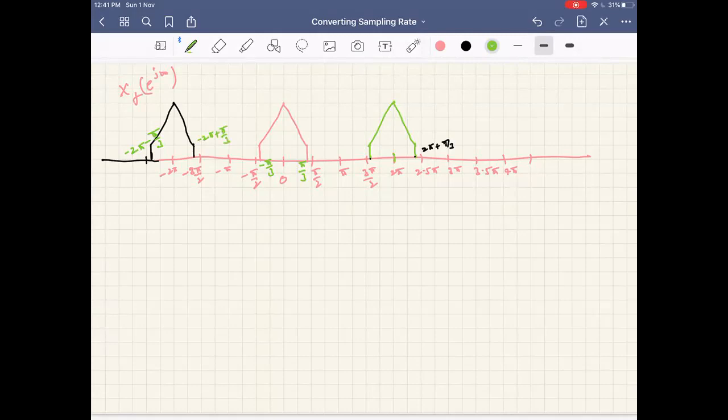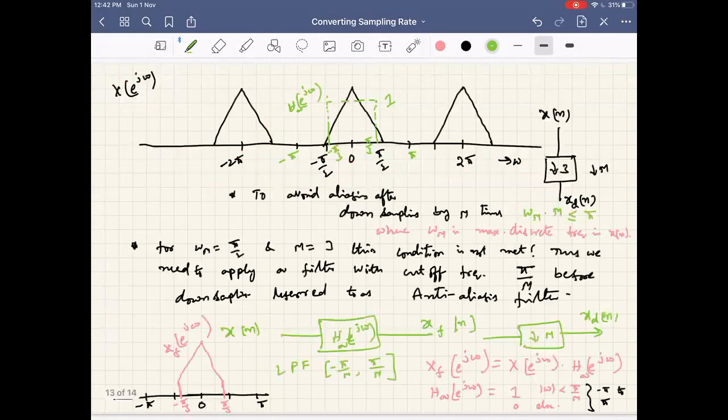So let us now sketch. Let us assume that this is Xf of n, and we want to downsample this by 3 times now. This is Xf of n after applying the anti-aliasing filter.